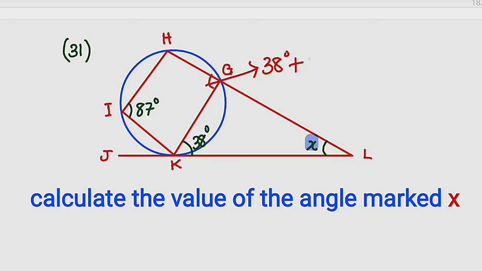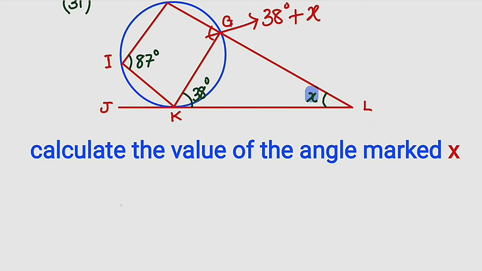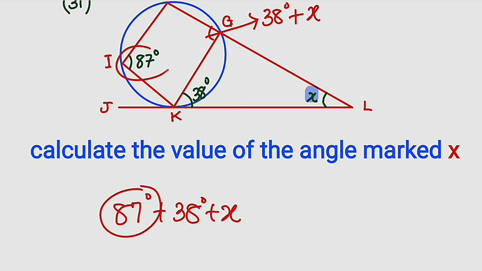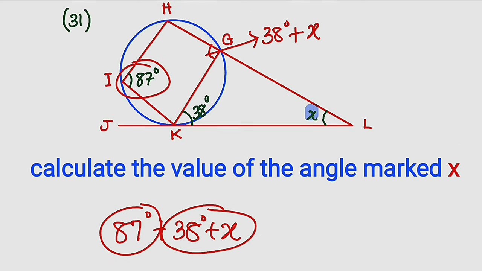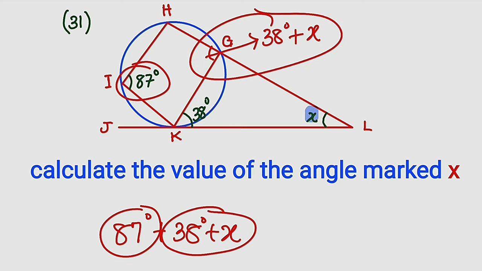38 plus x. Another thing you should remember is that the opposite angles of a cyclic quadrilateral are supplementary, meaning if you add them together, you have to get 180 degrees, which means that 87 plus 38 plus x, 87 for this one, and 38 plus x for the other one.